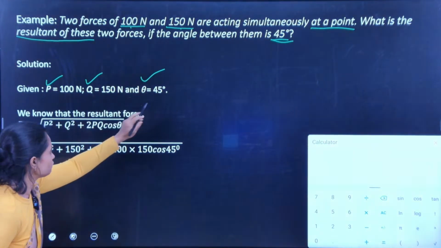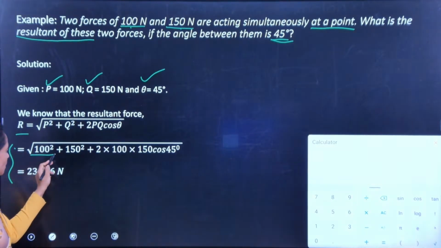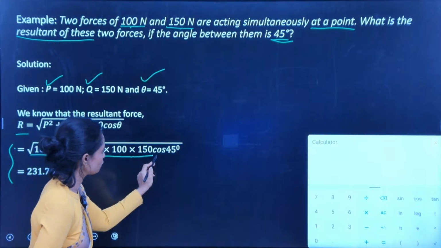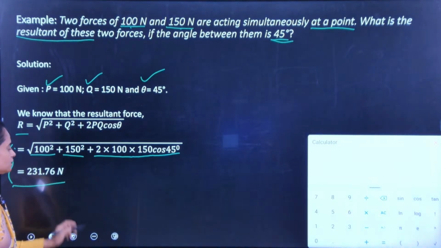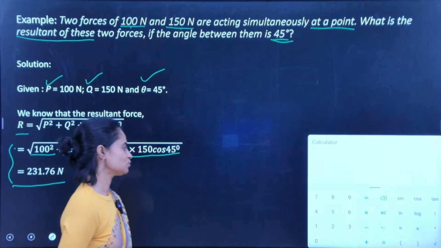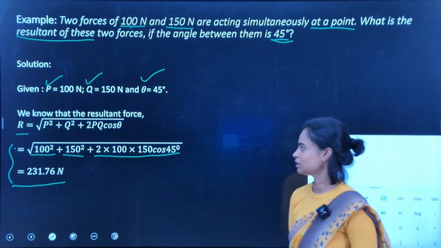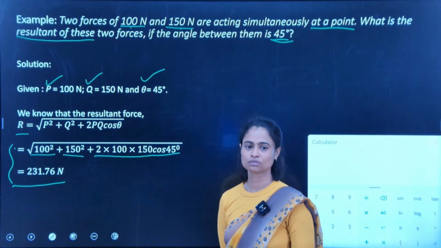Plug in all these values in the expression of resultant, and solving this, we'll get 100 square plus 150 square plus 2 into 100 into 150 cos 45 degrees, and you get the answer. If you want me to solve this for you, I'll do it. But since it's a very easy problem, I would like all of you to solve it on your own.